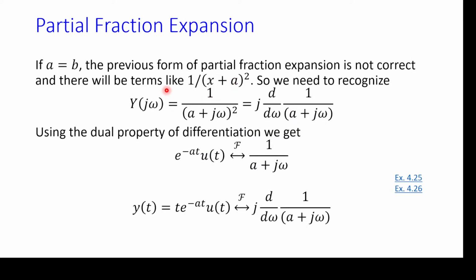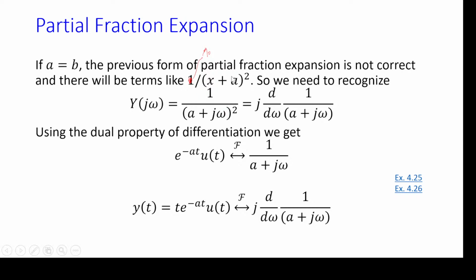Okay. So you are left with terms like, I guess I should not say 1 over x plus a squared, so like maybe a0 over x plus a squared, and so we do that.